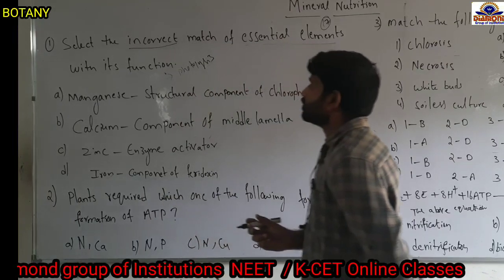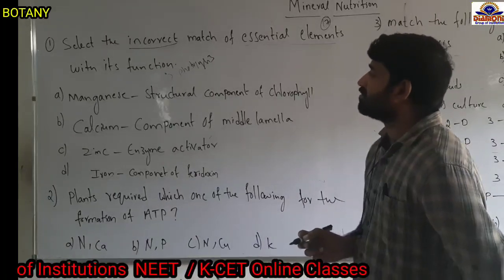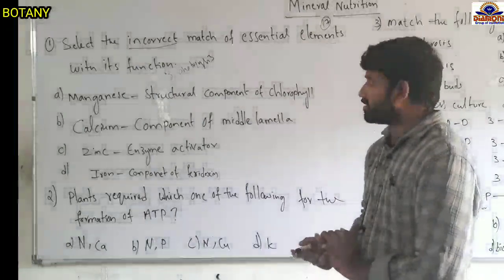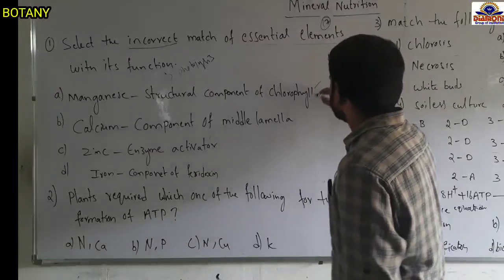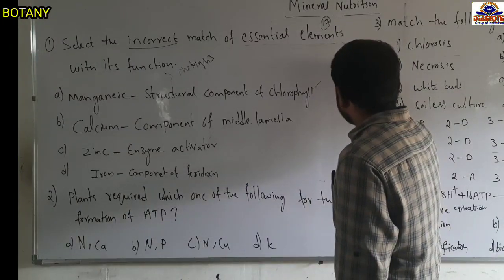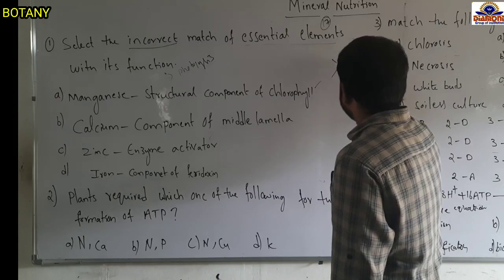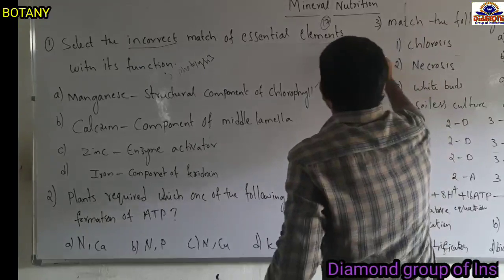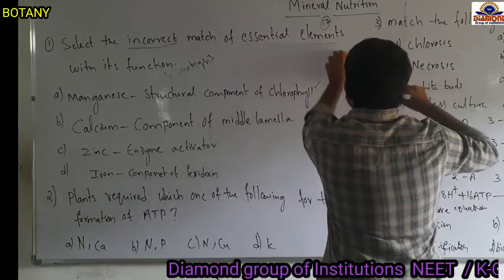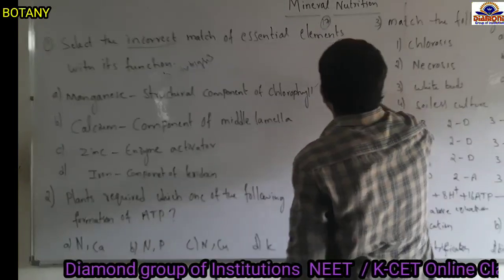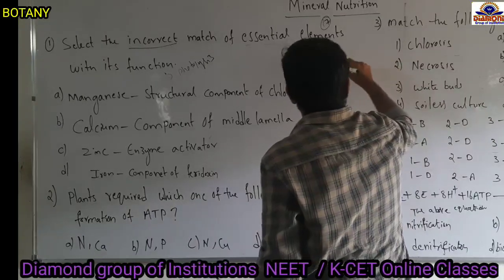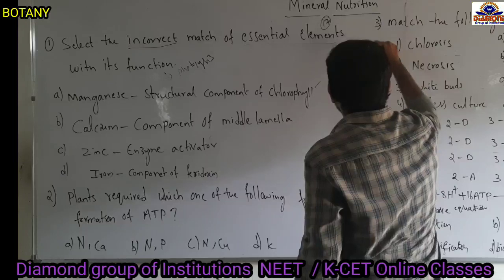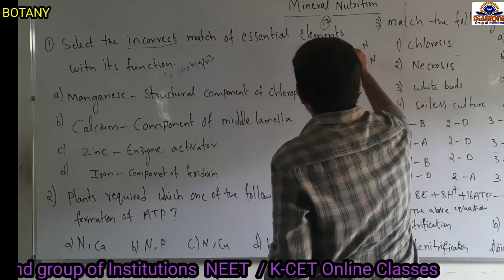It is involved in photosynthesis, but it is not the structural component of chlorophyll, because when we see the structure of chlorophyll a and chlorophyll b, the central element is magnesium. It is connected by four nitrogen atoms.